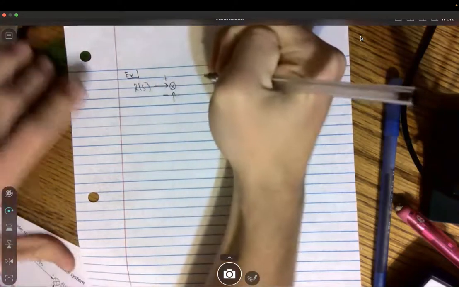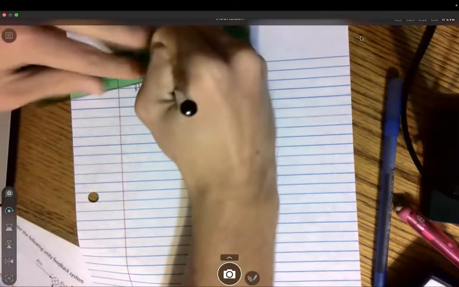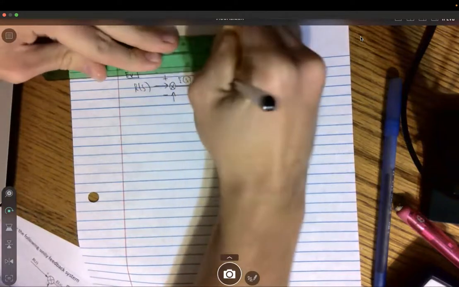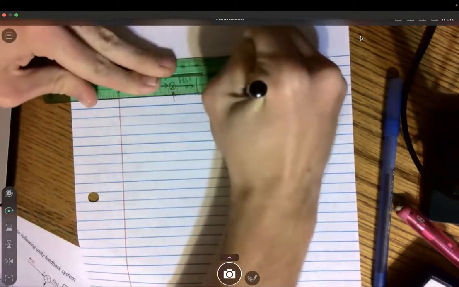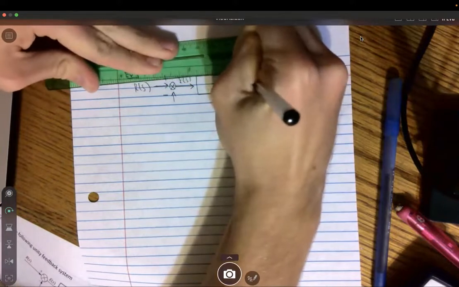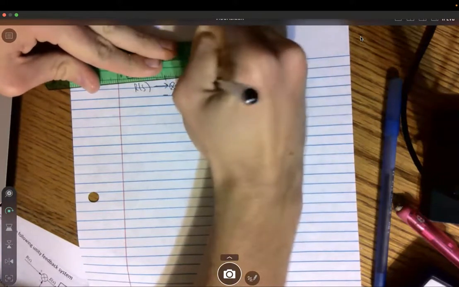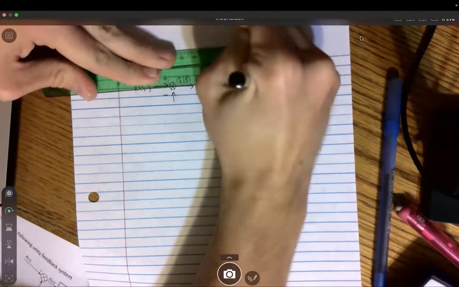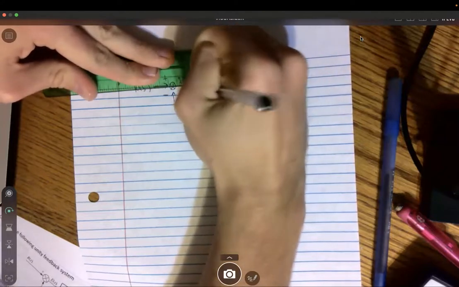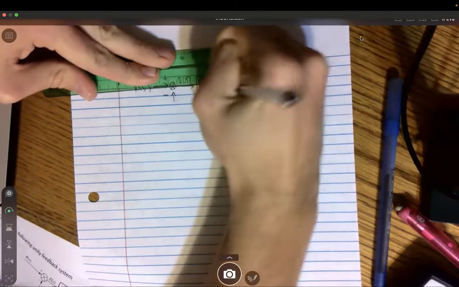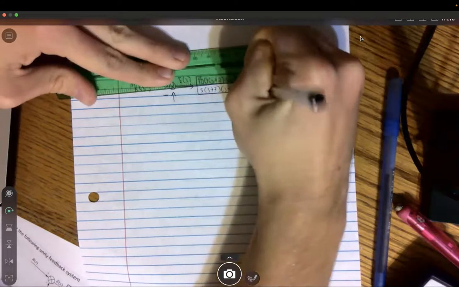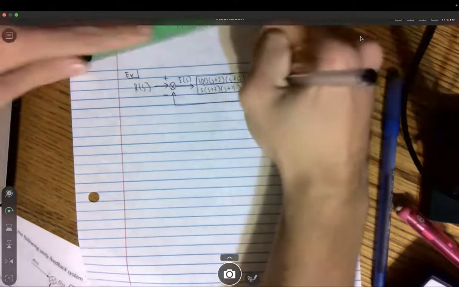And for our error, of course, it is given by R of S minus C of S, then it goes through a system. And the system is defined as 100 times S plus 2 times S plus 6, all over S times S plus 3 times S plus 4. And then our output is C of S.